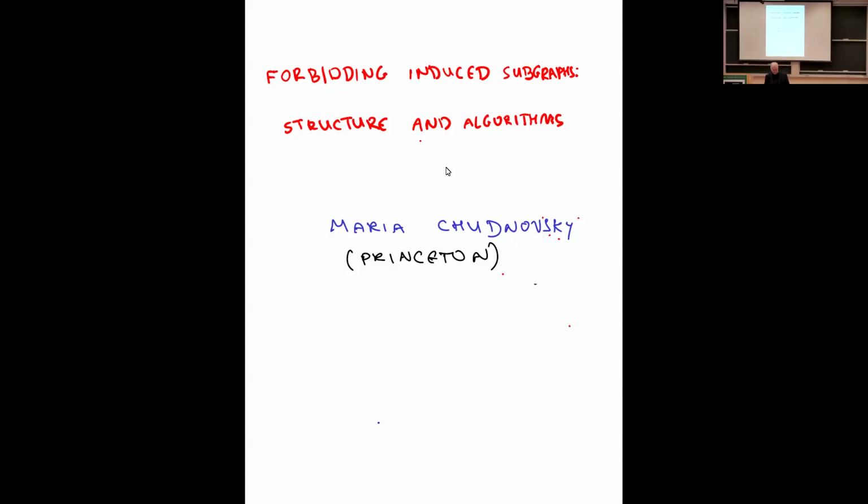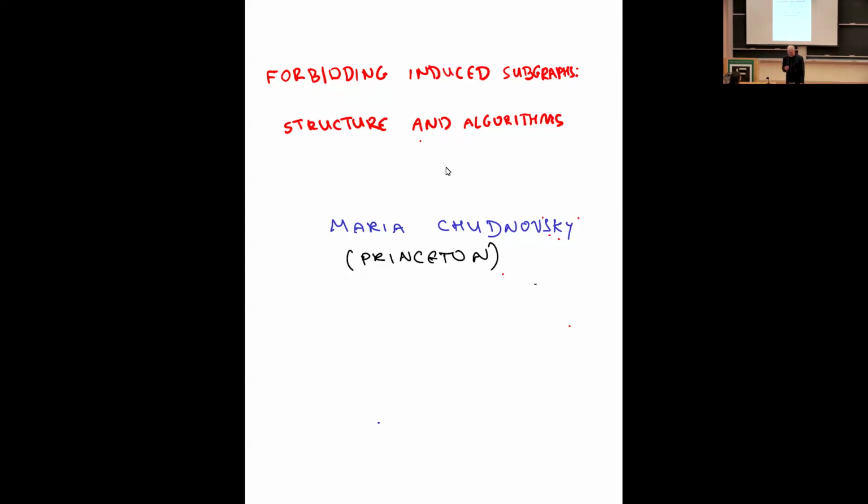The first speaker is Maria Chudnovsky from the Princeton Math Department, who also did her PhD at Princeton and was a Veblen instructor and a postdoc at the Clay Institute before going off to Columbia and then coming back to Princeton.